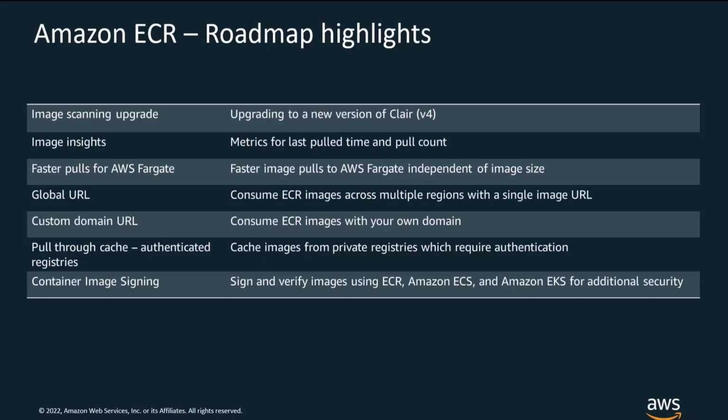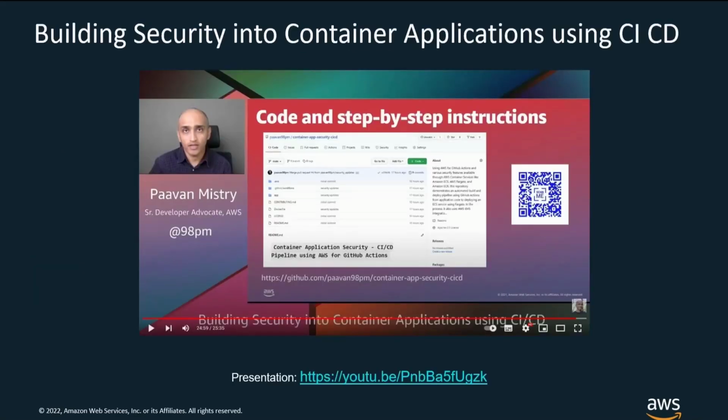But before we go into container signing, I'd like to point you to this particular presentation, which I did last year, around building security in a real world scenario, where you build a container application which leverages some of the controls that we looked at previously around preventative and detective controls, and how they can be folded into a real world example using ECS, Fargate, GitHub Actions, and the functionality of scanning within ECR in a CI/CD pipeline.